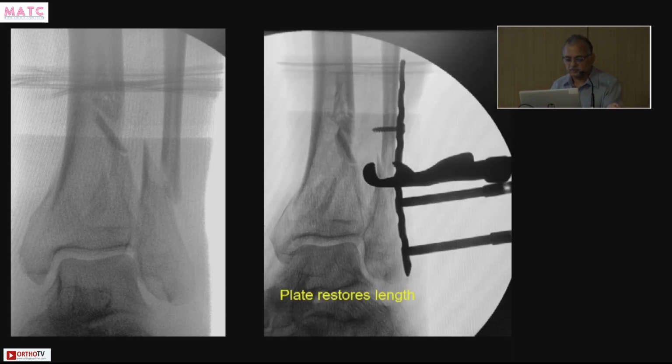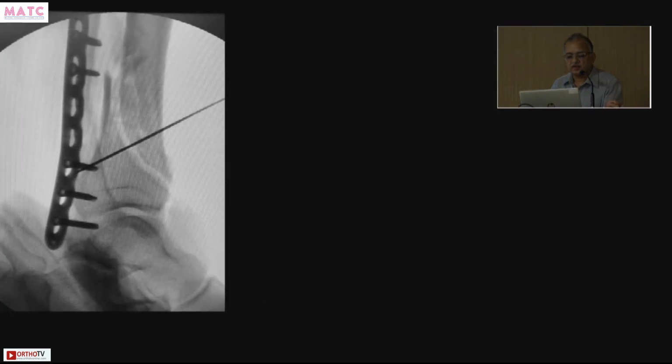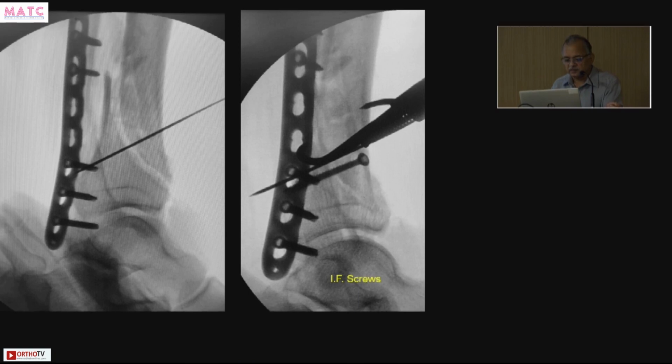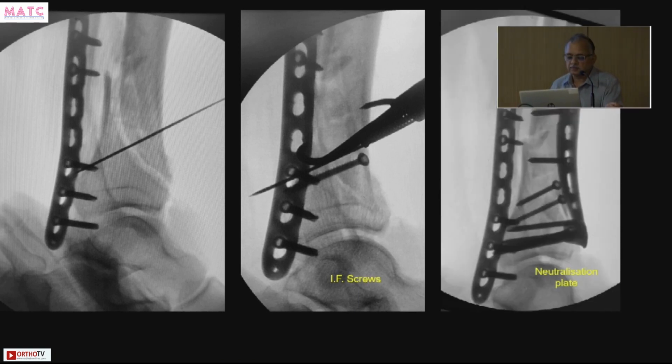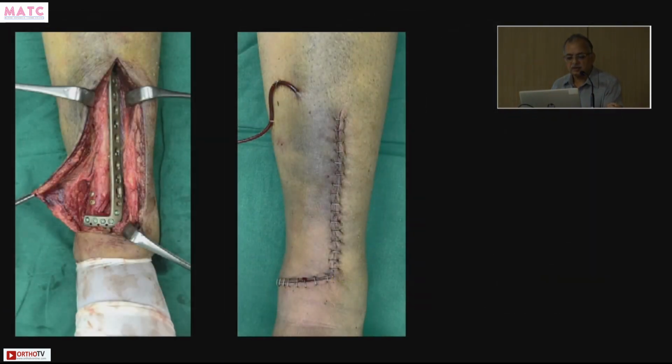The fibula has been fixed first to get alignment of the tibia, and after having reduced it with temporary K-wire and interfragmentary screw, then fixing a plate. So that is the exposure you can get, wherein you can reduce the articular fragments and connect that to the metaphysis.